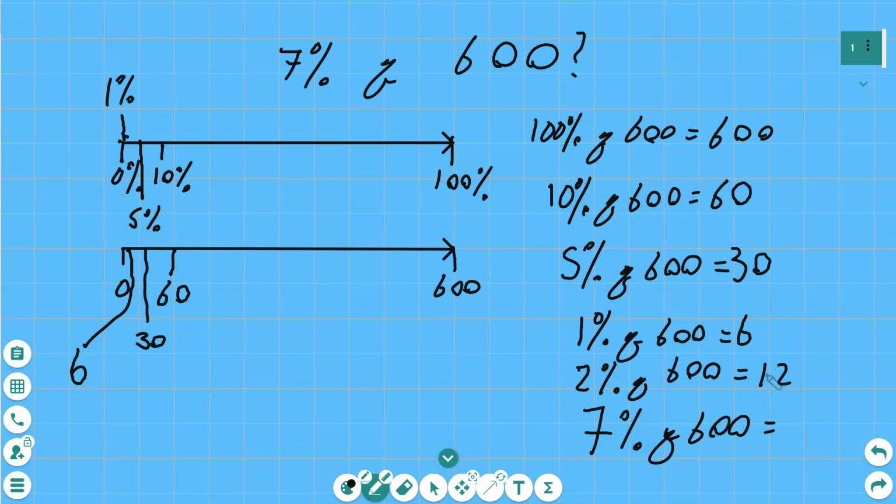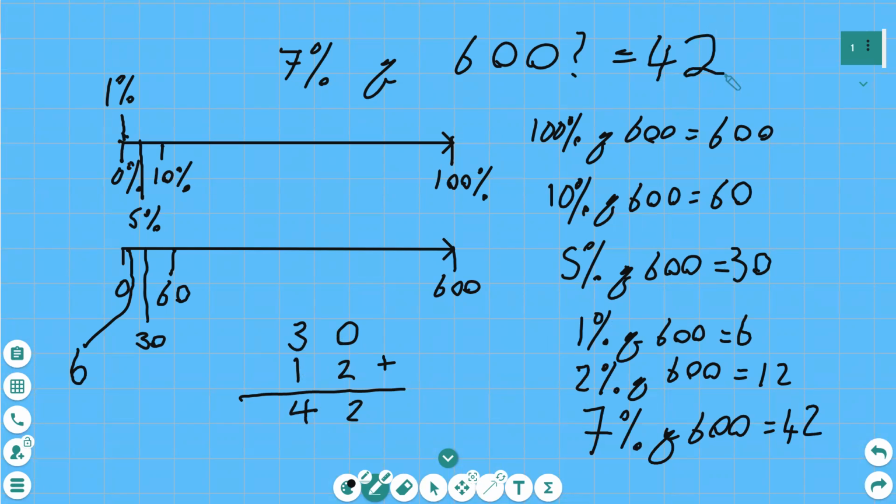Let's add 2%, which is 12, and 5%, which is 30. 30 add 12. 0 plus 2, 2. 3 plus 1, 42. The answer is 42, the meaning of everything. If you're a fan of Hitchhiker's Guide to the Galaxy. Well, you're probably too young. Anyway, so you see 7% of 600 is now 42.